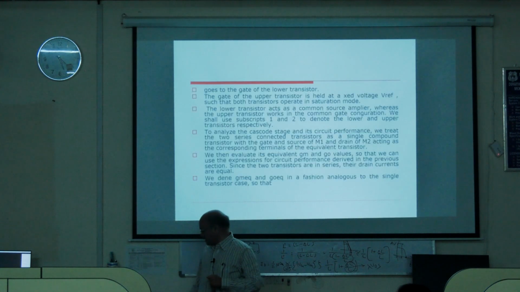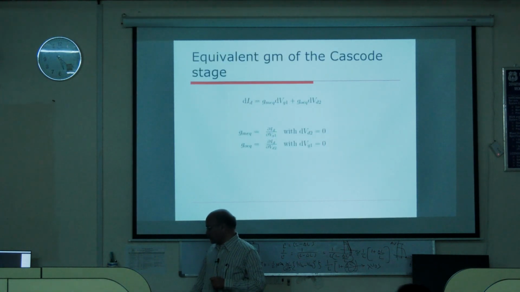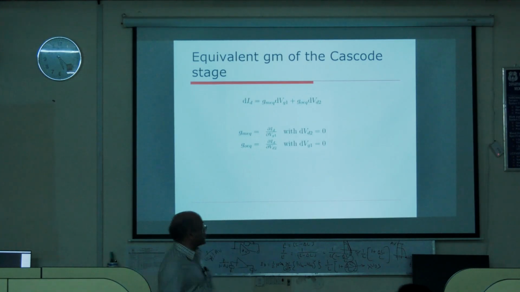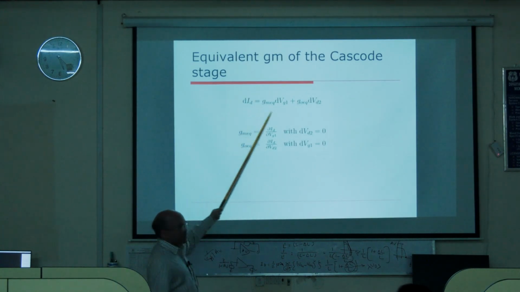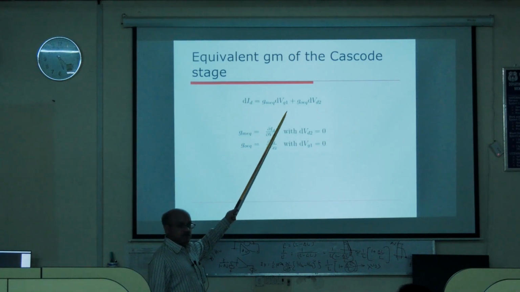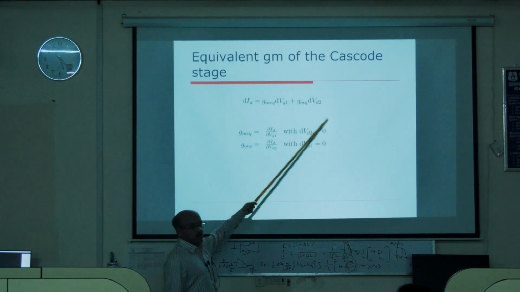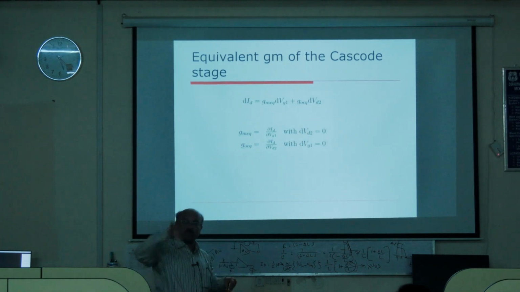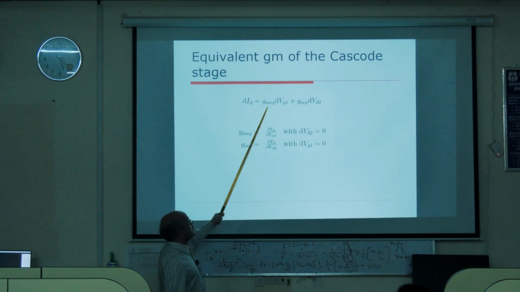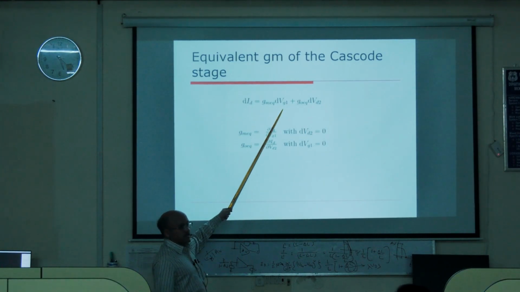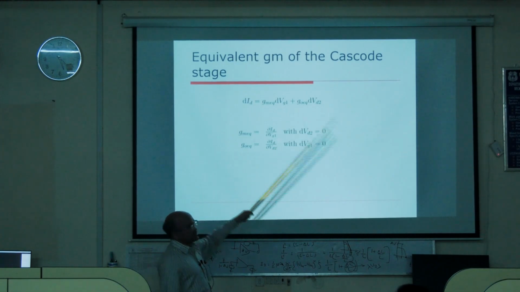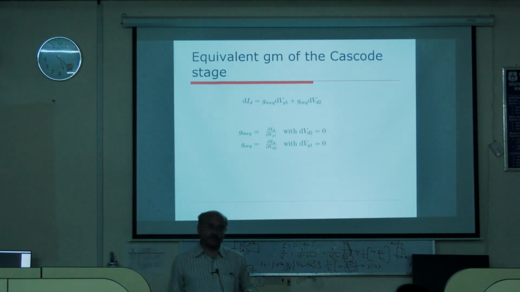So again, same story. Any current dID is a function of the transconductance, as a function of the gate voltage and the drain voltage. I am viewing these two as a compound transistor, where input is taken from VG1, therefore dID = gm equivalent times dVG1 plus g0 equivalent times dVD2.